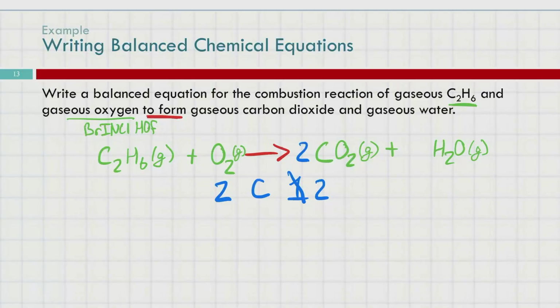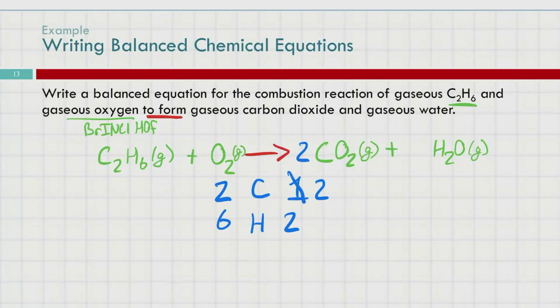The other thing that was in one compound on both sides was our hydrogens. So we can balance hydrogen next. We've got 6 hydrogens on the left side. We've got 2 hydrogens on the right side because of the subscript of 2 in H2O.